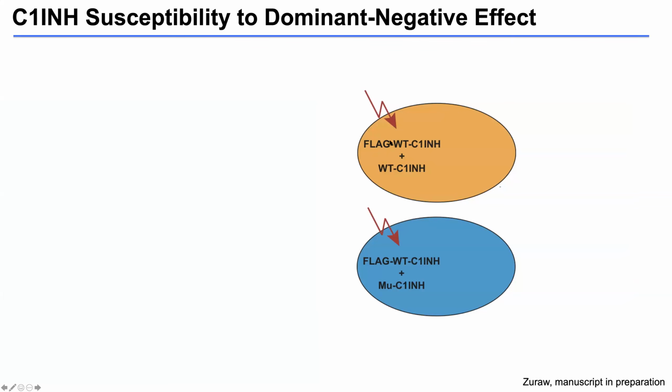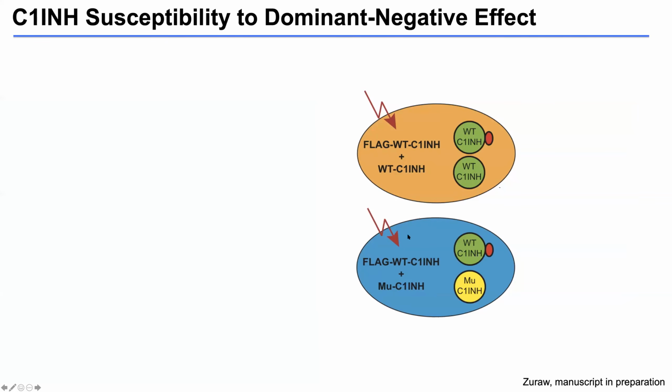We use a flag-tagged wild-type C1 inhibitor, and we co-transfect with either unmarked, unlabeled wild-type C1 inhibitor or mutant C1 inhibitor. Then the cDNA makes protein within the cell, either purely wild type or wild type and mutant, one of which has the flag tag on it.